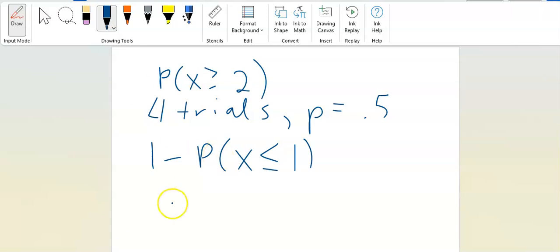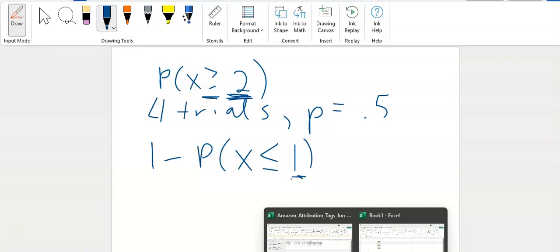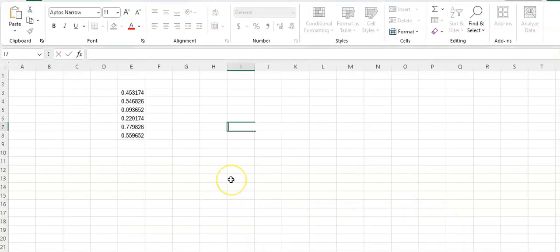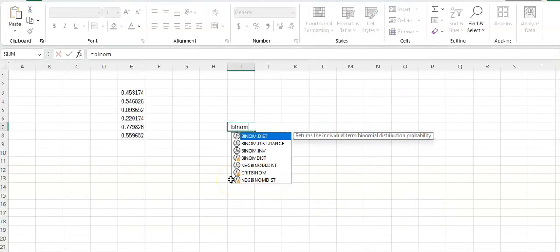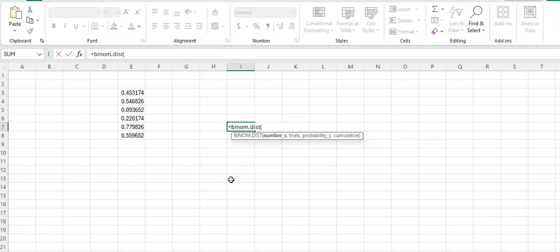All right, so let's just keep in mind Excel is always going to give us the less than or equal to. The easy way to do this is, if this is a greater than or equal to, I just go 1 less when I put it into Excel. So I'm going to do equals binom.dist, and I'm going to type in the 1, my trials, there were 4, probability was 0.5, and we want the word true.